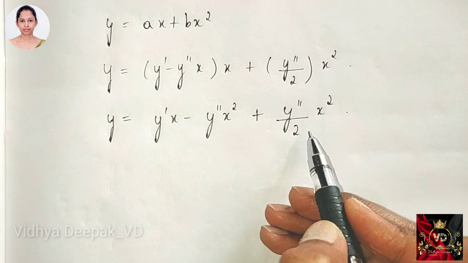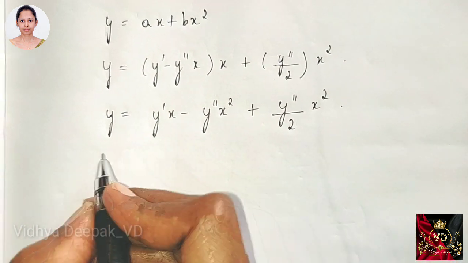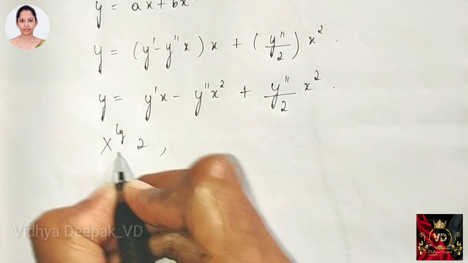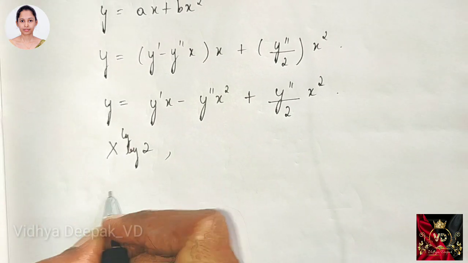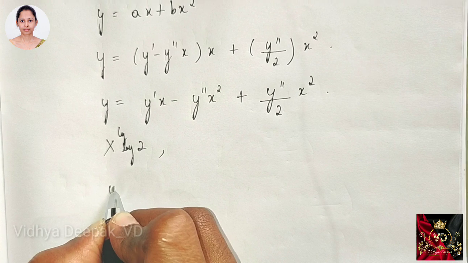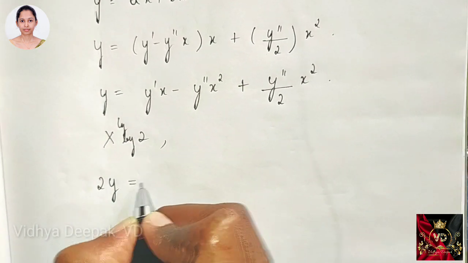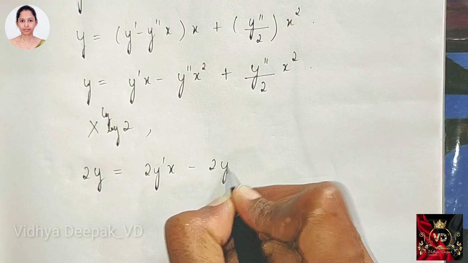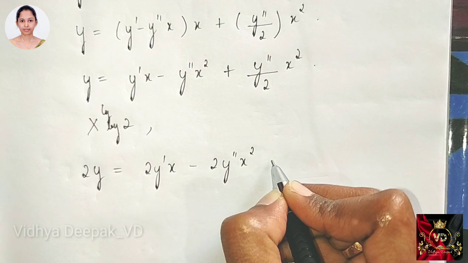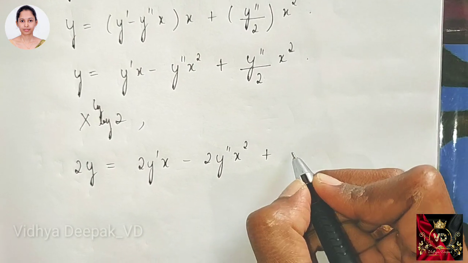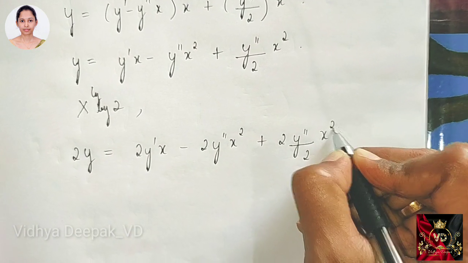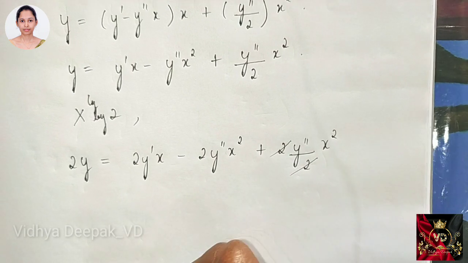Okay, so in order to eliminate this denominator 2, I'll multiply the entire line by 2. So what do you have? 2y is equal to 2y dash x minus 2y double dash of x square plus 2 into y double dash by 2 into x square. 2 and 2 gets cancelled.